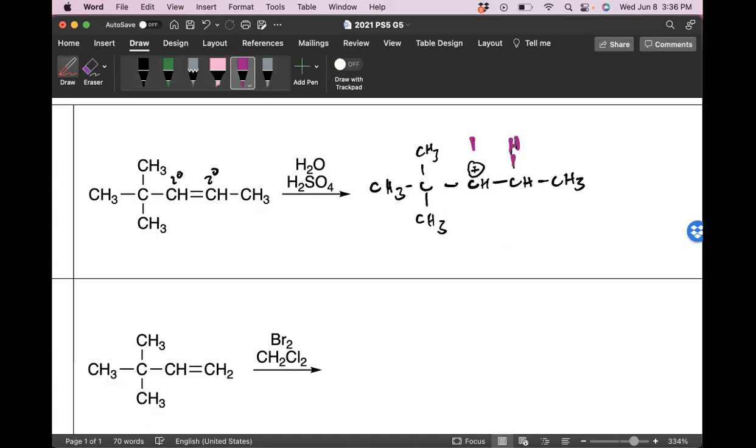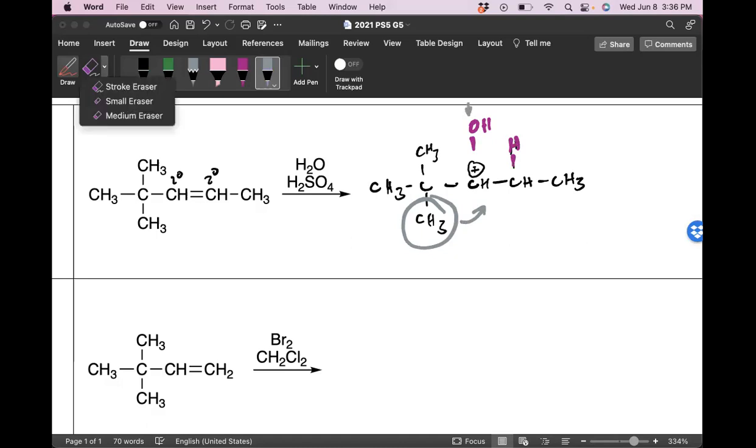Now, normally you would add an OH here. However, we have a methyl group that could shift over, and this is one of the ones you have to know shift happens. And that OH can basically add elsewhere. Basically, it can move that carbocation.